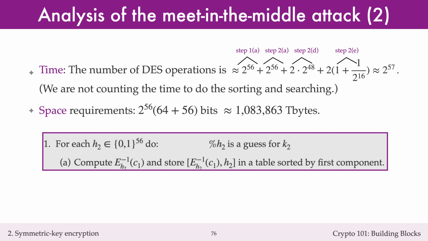And so the total space of the table in step 1a is 2 to the power 56 times 64 plus 56 bits, which is roughly 1,000,000 terabytes. The 1,000,000 terabytes required for the attack is within the resources of large organizations like the NSA and Google.